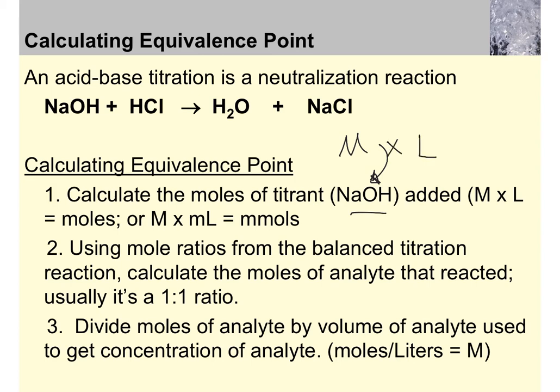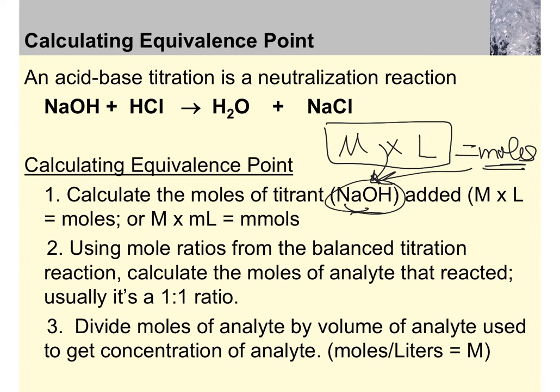So you know liters, volume, milliliters, whatever. And we have also learned that molarity times liters gives you moles of a substance. So we can pretty easily calculate the moles of the titrant that we added to reach the endpoint.